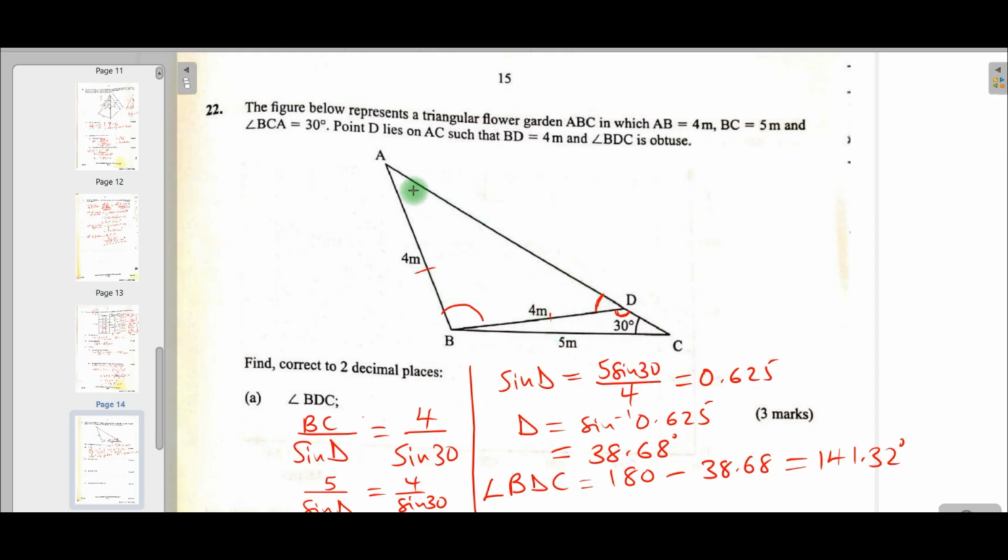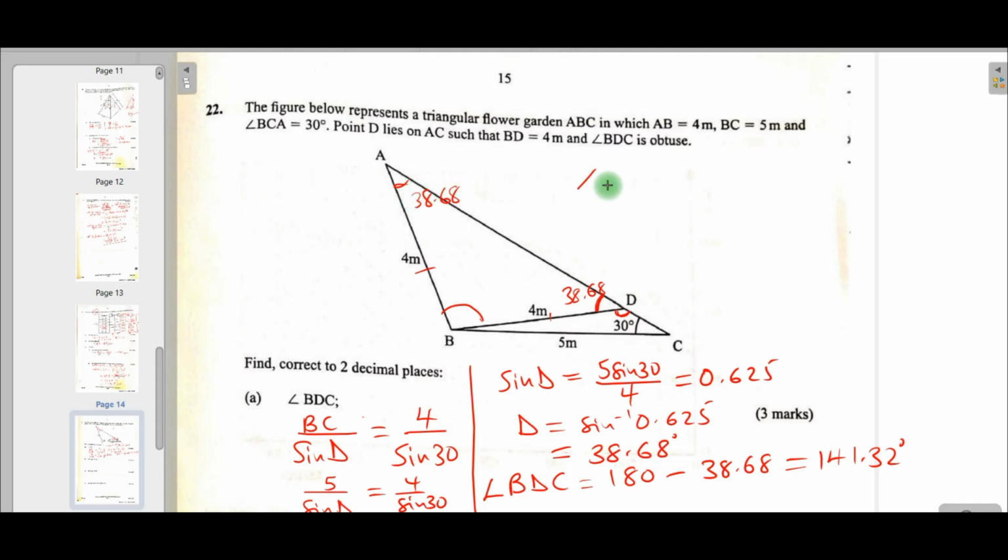So these are base angles of an isosceles triangle, and already this angle is 38.68.